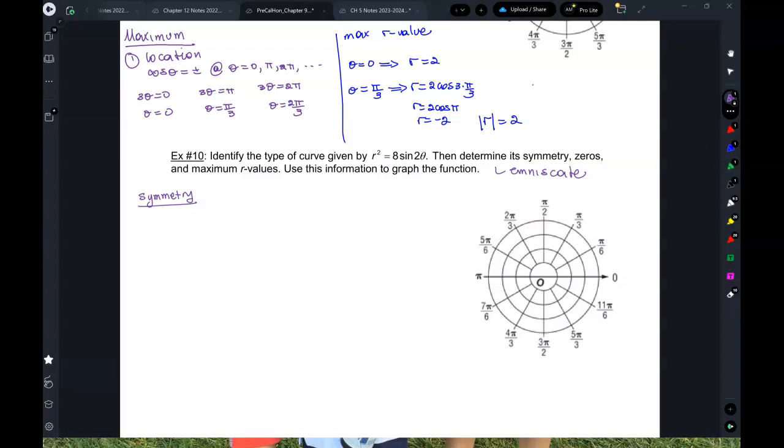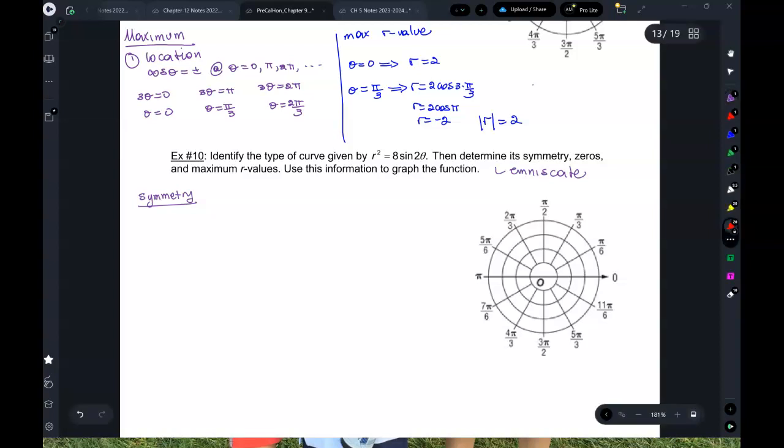Okay, so take a look at the function. It's r squared, not r. So whether r or negative r, that's going to be symmetric, right? When you change r to negative r, you're going to get the same function back.